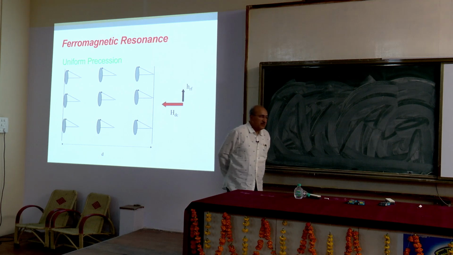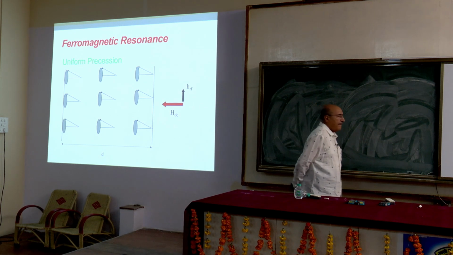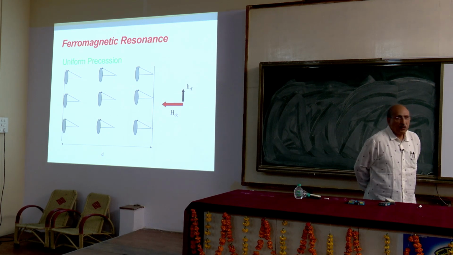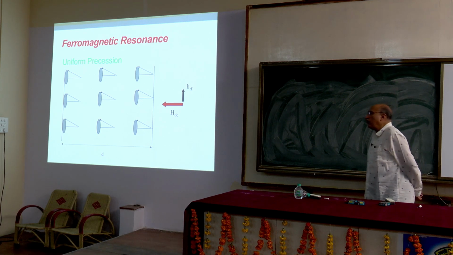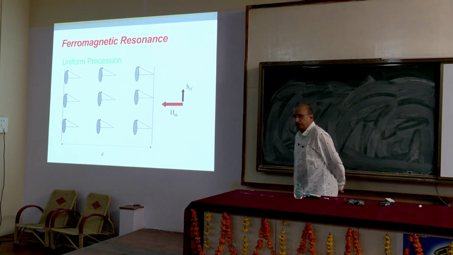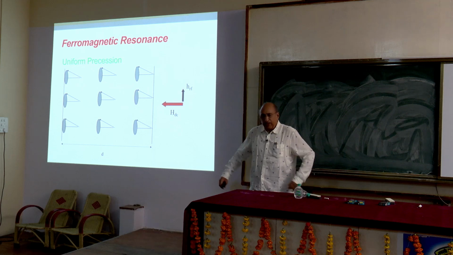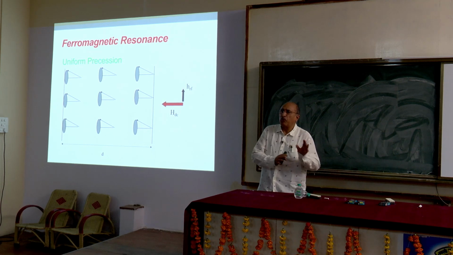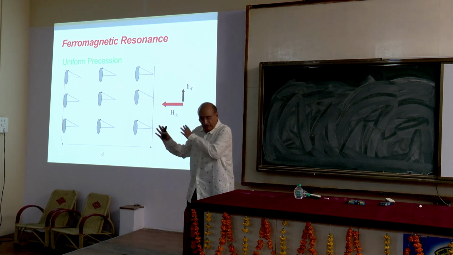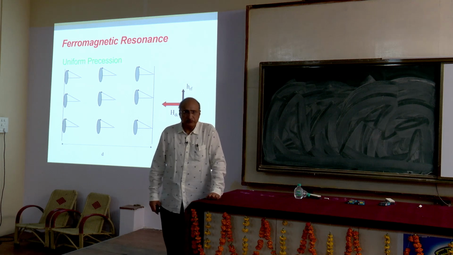Now let me define certain things. Though we are talking of magnetization of the entire sample when we are talking of ferromagnetic resonance, we realize that there could be some reasons why the magnetization of one part of the sample may be treated differently from another part. I will give those reasons later.